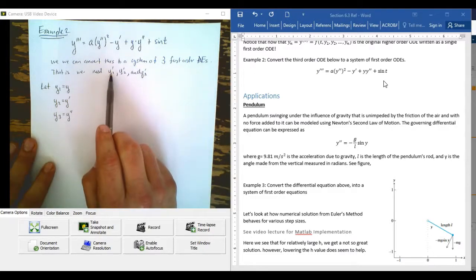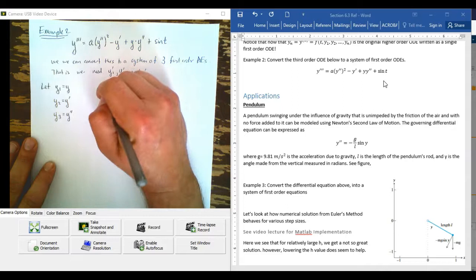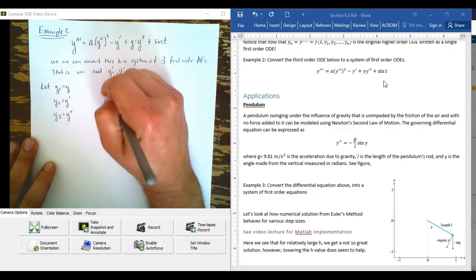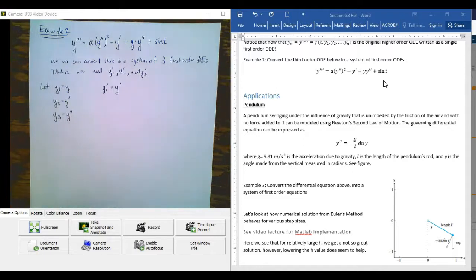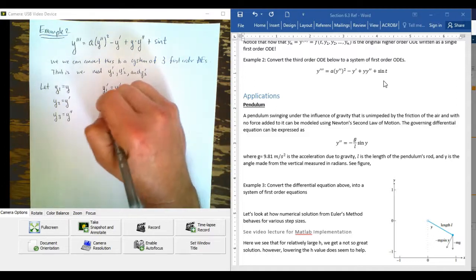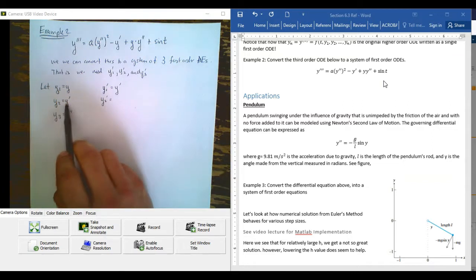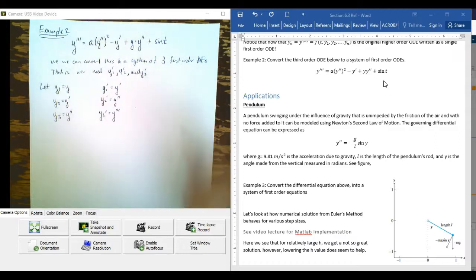So what would y1 prime be? Here, y1 prime would be equal to y prime. y2 prime would be equal to y double prime, and y3 prime is equal to y triple prime.